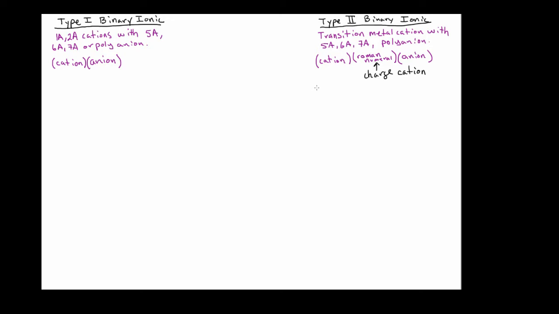The primary model system there was iron, which can be iron plus 2 and iron plus 3, and therefore when naming those cations we use a Roman numeral to indicate the charge on the cation, whereas for the group 1As and 2As we simply name the cation using the neutral name followed by the word ion.